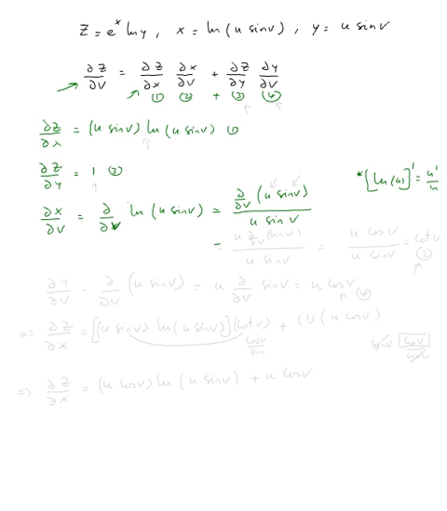Now this is going to be equal v, oh no, actually the u is constant, take it outside. Partial with respect to v of sine v over u sine v. Now partial with respect to v of sine is cosine, so u cosine of v over u sine v, which is cotangent of v.